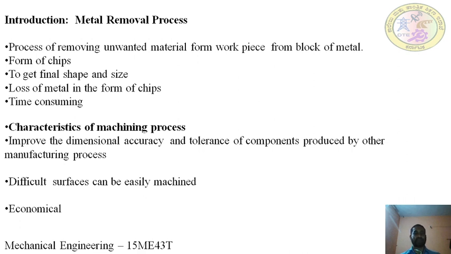This is a very important advantage of machining process. Other processes find it difficult to achieve the machining of very complicated parts, which can be easily machined by using various attachments in this machining process, and it is economical.